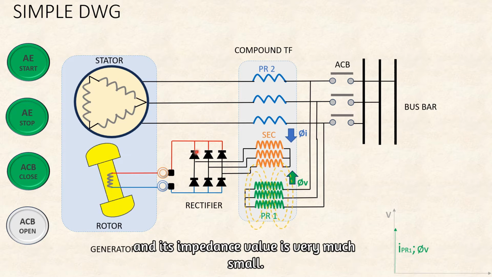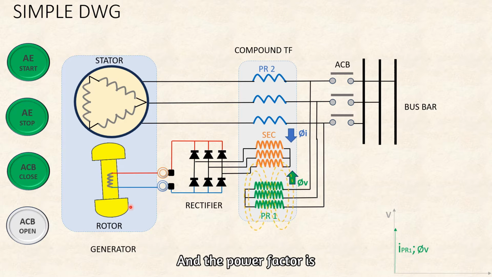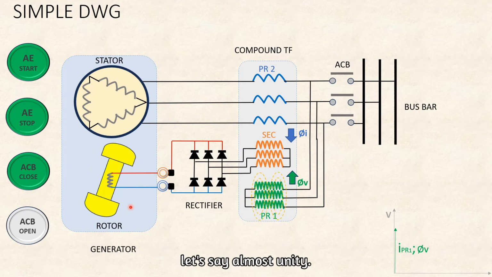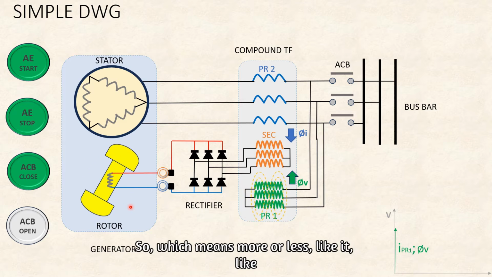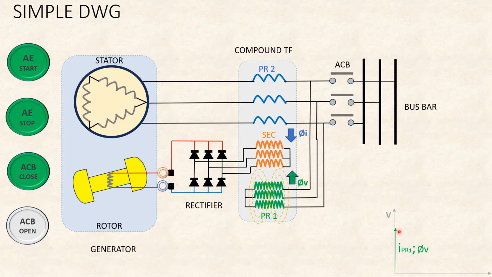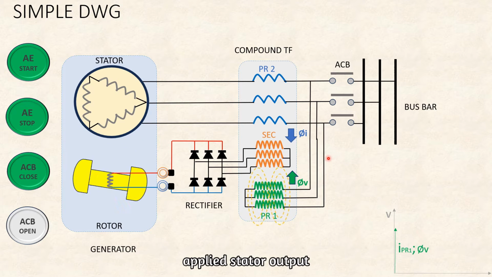Its impedance value is very small and the power factor is almost unity, which means it is more or less like a resistive load. So theoretically, this voltage and current will be in the same phase with respect to the applied stator output.